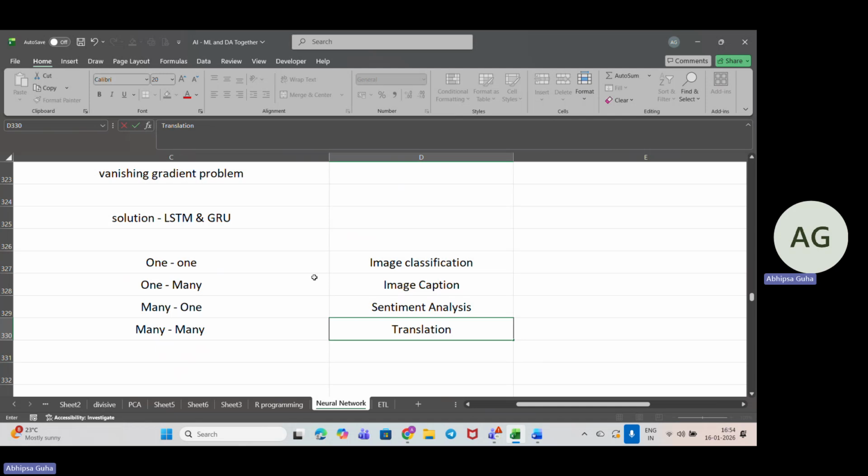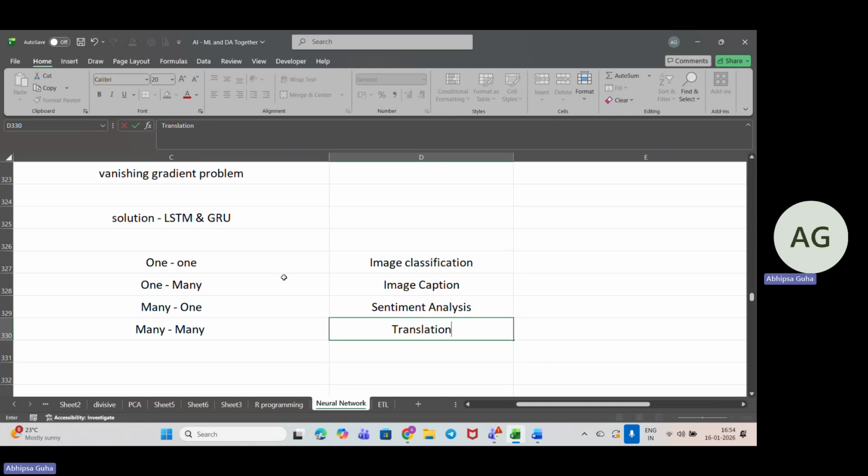Okay, so we'll give an idea about LSTM. It's like three doors: the forget gate, the input gate, and the output gate. Forget gate: what should I forget? Input: what should I remember? Output: what should I tell in the next step. So this is the idea.